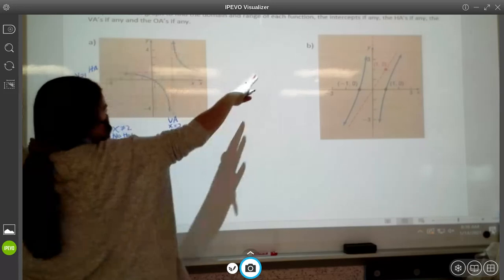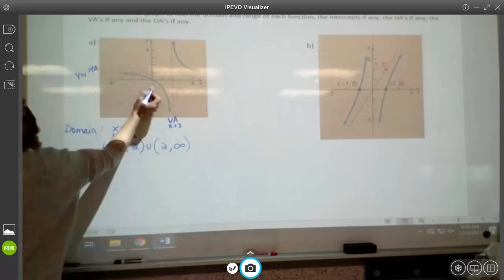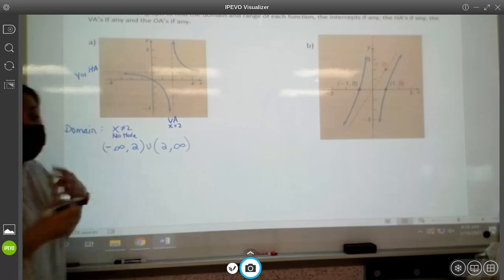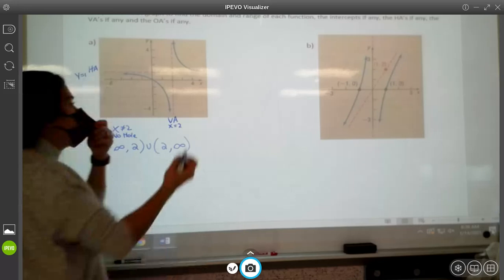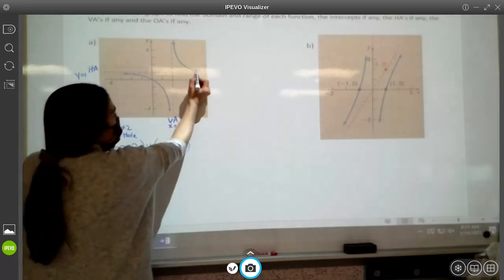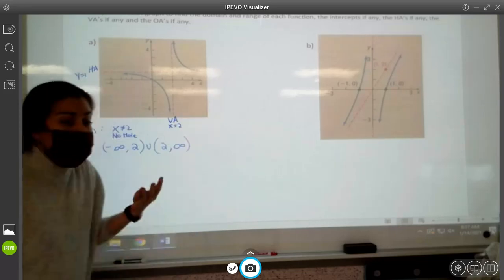So unless it crosses it, which they're not showing us a cross, so we're going to assume it doesn't, it just means that the y values are going to get really, really close to becoming 1, but they don't actually become it. Same thing on this side. The y values, as x gets bigger, they're getting closer and closer to becoming 1, but they don't become it because they don't show us a cross.